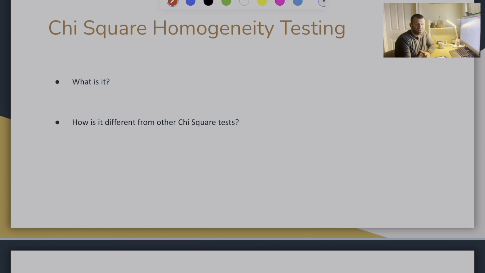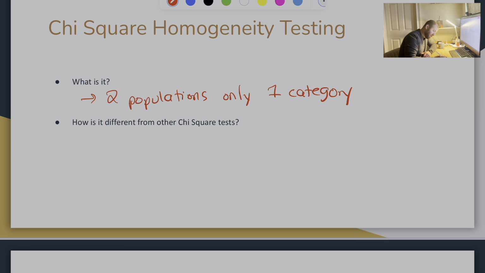How do we know what type of chi-square test we're using? The difference between a test of independence and a test of homogeneity is that now you're going to be given two populations, but only one type of category. As opposed to a test of independence where we had one sample and we split them, this is going to be two completely independent populations, or more, I should say 2+ populations, and we're going to categorize those populations under one umbrella.